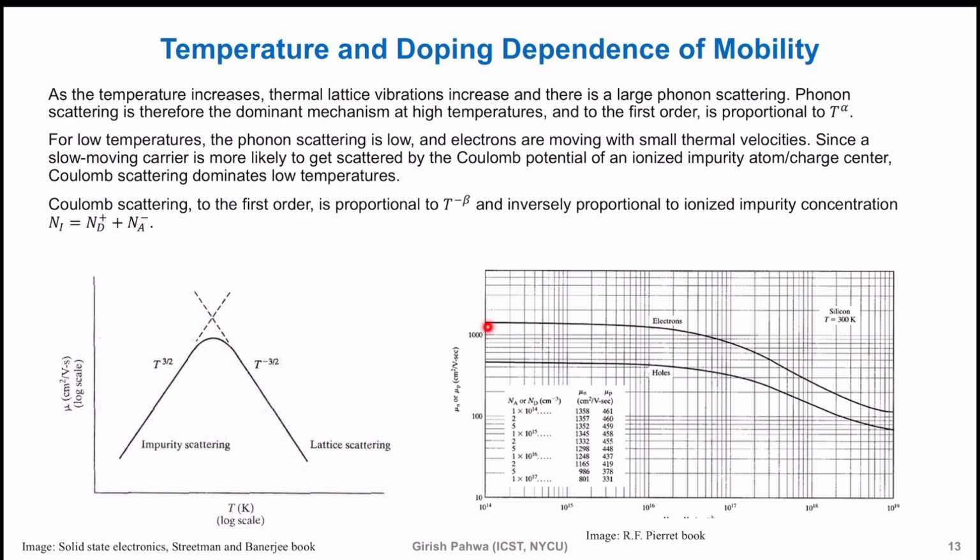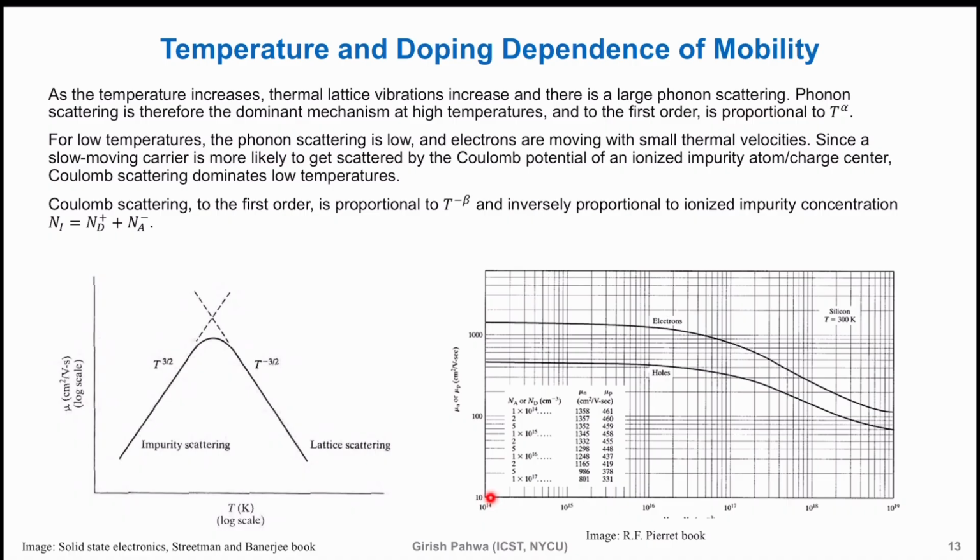Typically n-type mobility will be 1350 to 1400 centimeter square per volt second. That's the unit. For the holes, it is smaller, around 500 or so. But 10 to the power 14 is a very small doping, so it's almost intrinsic.